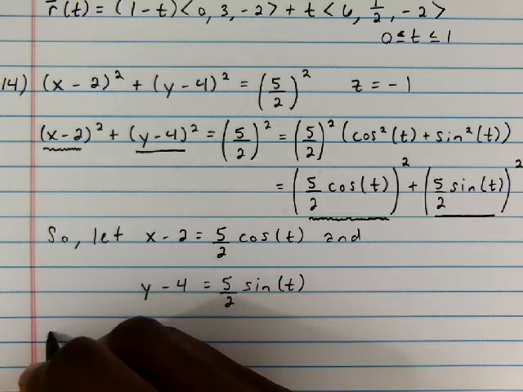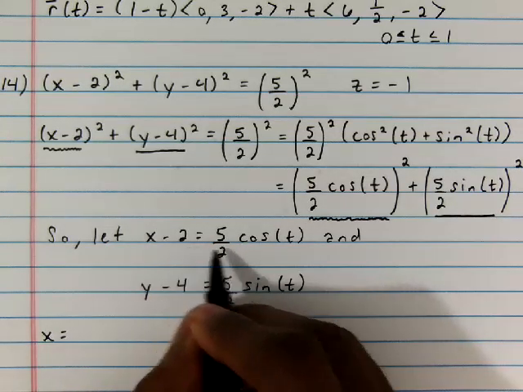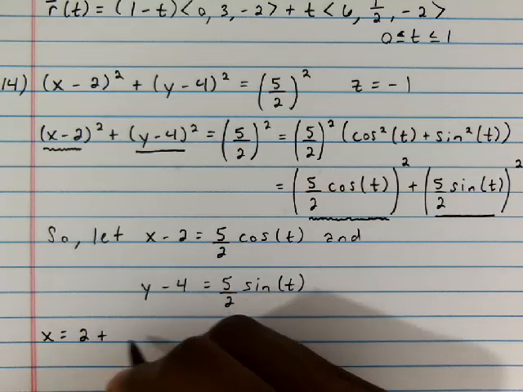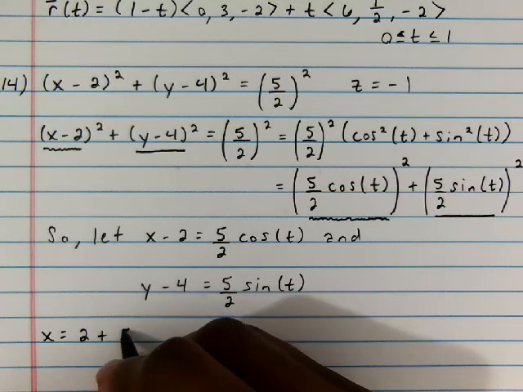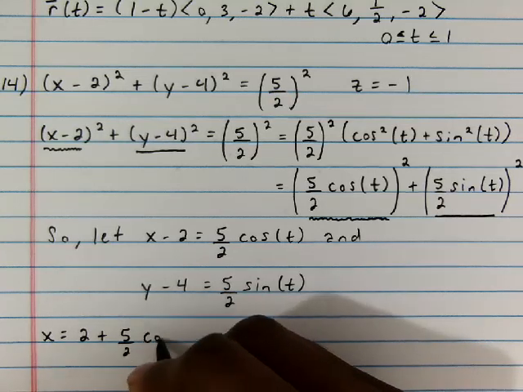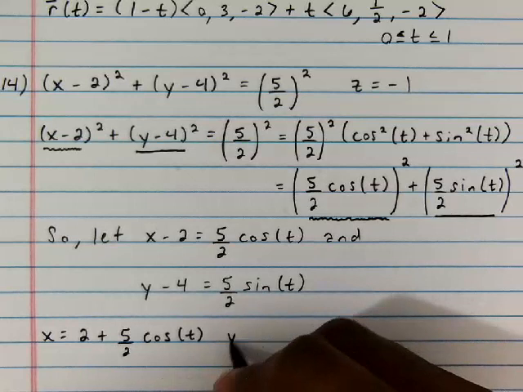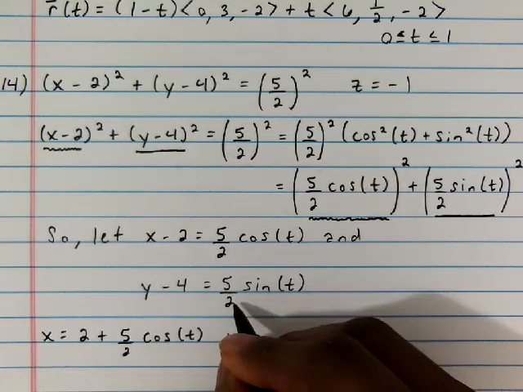So x equals 2 plus 5 halves cosine t. y equals 4 plus 5 halves sine t.